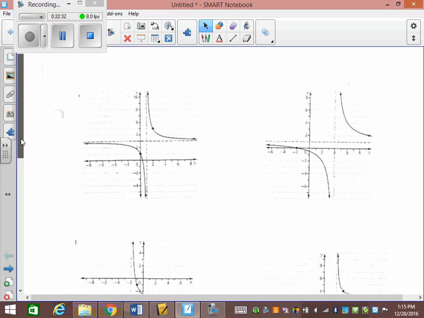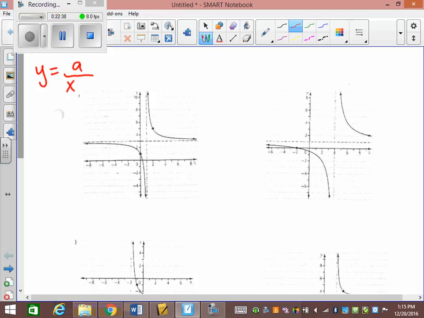No. If it doesn't have a point of discontinuity, the easiest way to do this one is in that form, y equals a over x minus h plus k. In for h, we say how much it shifted. Remember, these asymptotes, when they start without any shift, are on zeros, correct?